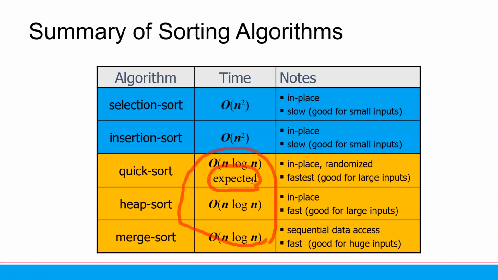Yeah, if you choose the good call, then our expectation will be n log n. The heap sort, I don't explain it, but based on the authors, if you want to check, it is n log n. Merge sort, it is n log n. So if it is n log n, of course, it is good for large input. If it is n power of 2, yeah, it is slow, or it is good for small input.